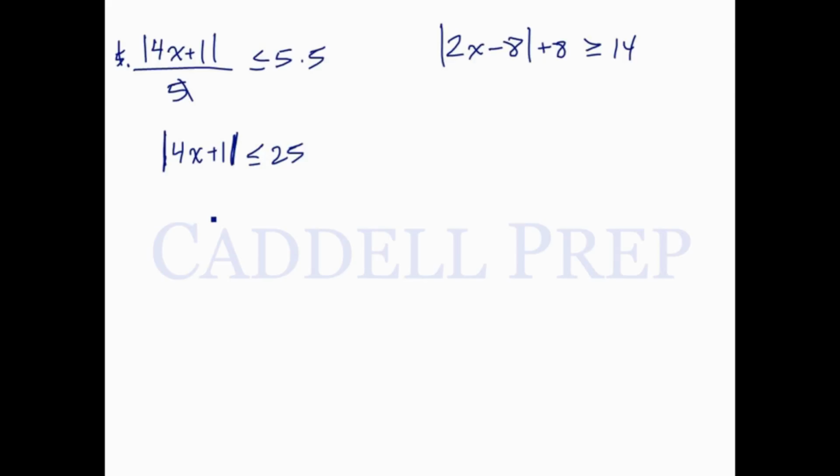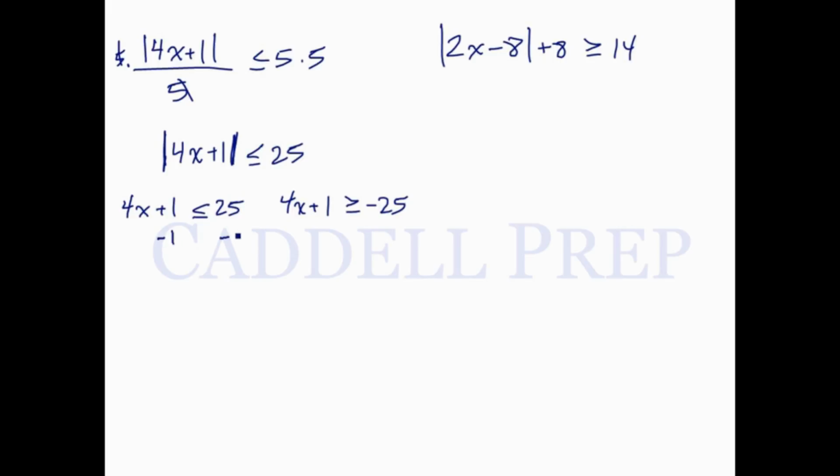But it doesn't matter because if we do all the math correctly, we don't have to worry about it. It's just a little bit of a check. So now split this up into two inequalities. 4x plus 1 is less than or equal to 25. And then 4x plus 1, we're going to make this negative, so flip this, greater than or equal to negative 25.